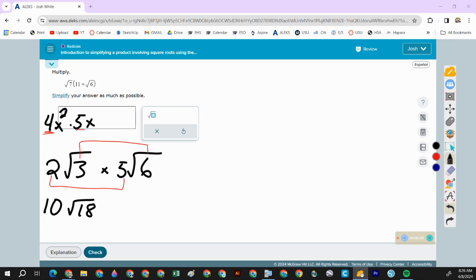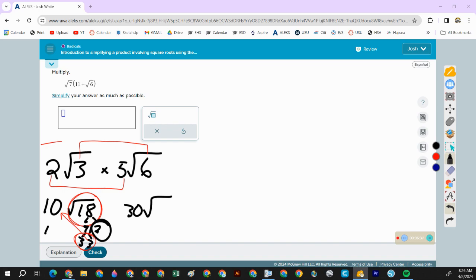The numbers get multiplied together to make 20, and then the variables get multiplied together to get x to the third. Same idea. But here, once we complete the multiplication, we need to check to see if the square root will simplify. So that would be 9 times 2, 3 times 3. So I can bring out a set of 3's, which makes that 30. And then a 2 got left behind. 30 root 2.